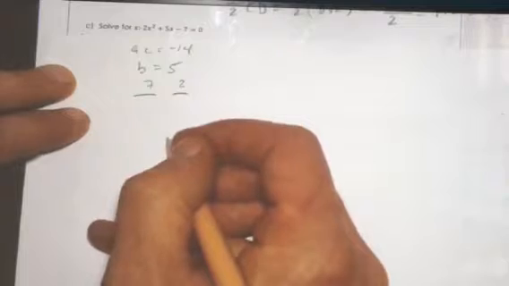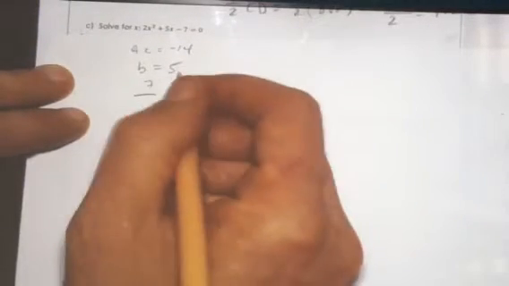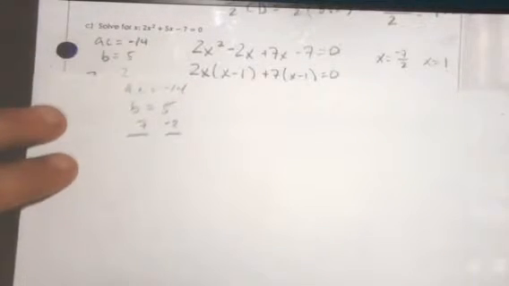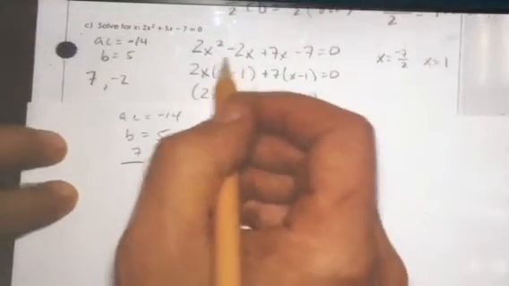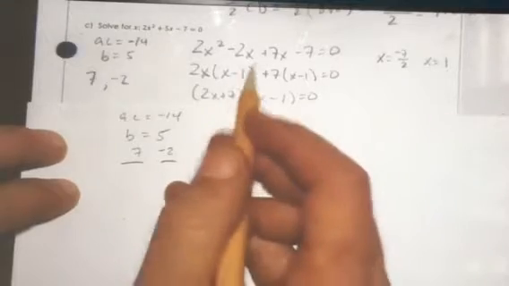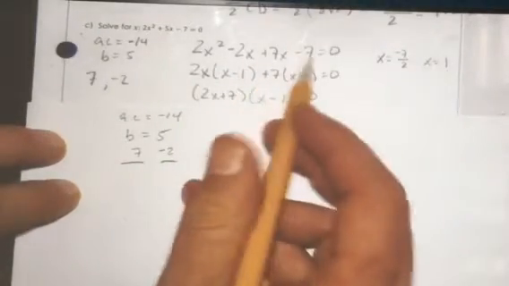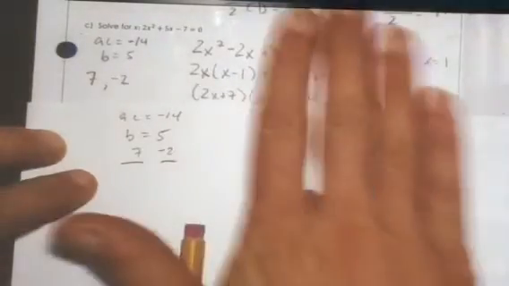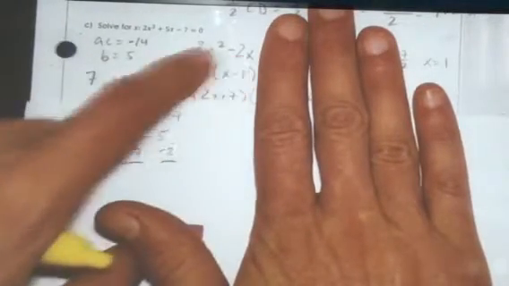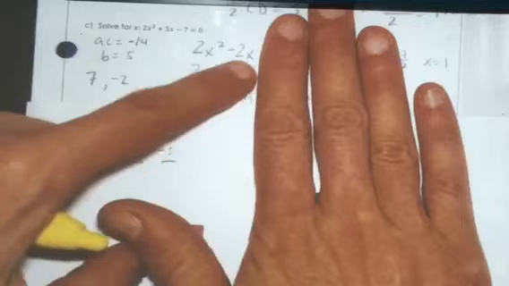So we're thinking about 7 and 2, and which one needs to be negative? 2 should be negative so that when we add them we get +5. So here's what this looks like. So we have 2x squared minus 2x, coming from this -2, plus 7x minus 7. Now cover the second part, focus on the front, and see that you can factor out 2 and factor out x.